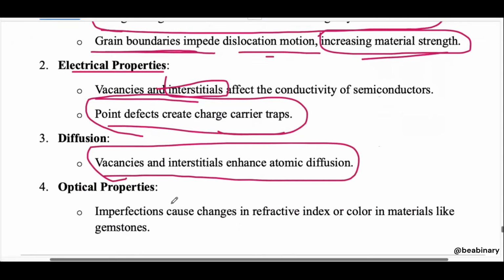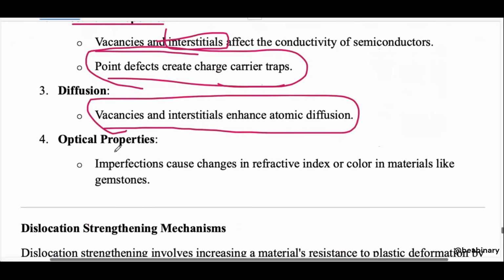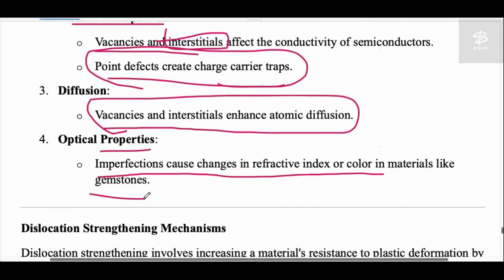Okay. And if we talk about the optical properties, then the imperfection causes changes in the refractive index or the color in materials, like in this example. So, what is the refractive index? The refractive index means when light comes to the surface of a material and passes through the material, it deviates from its own line, the way it was following.